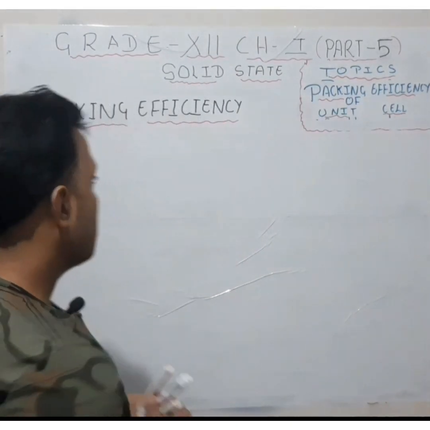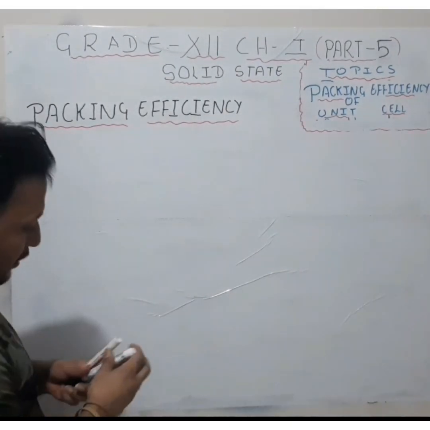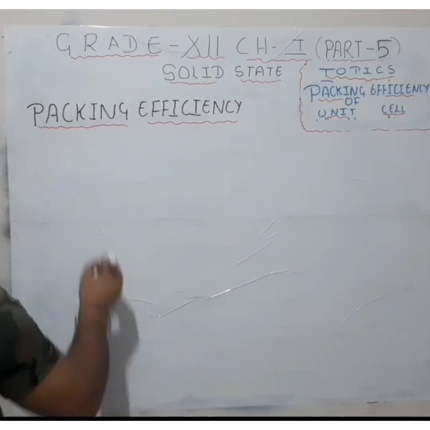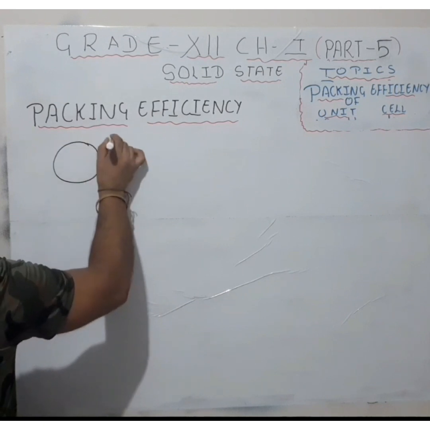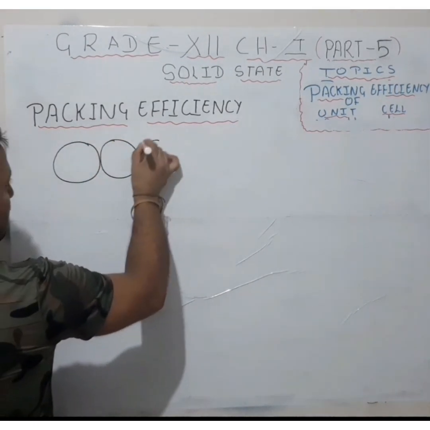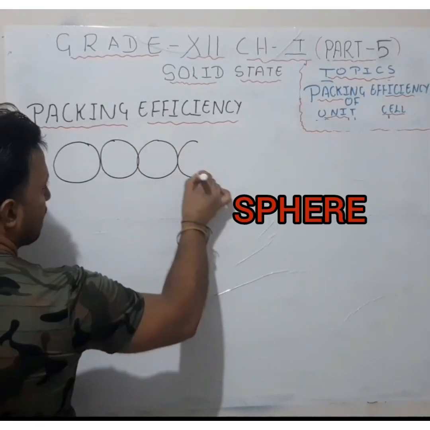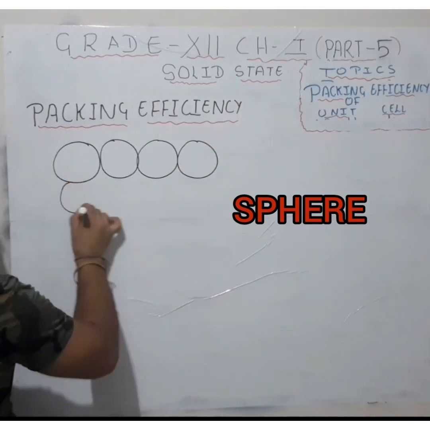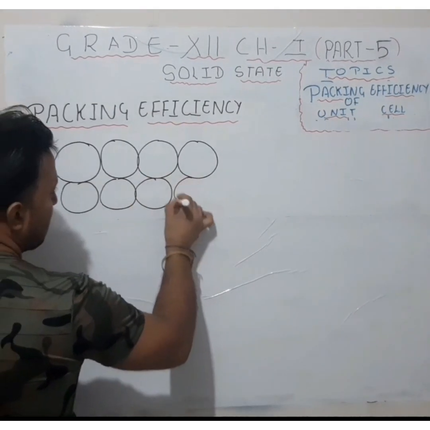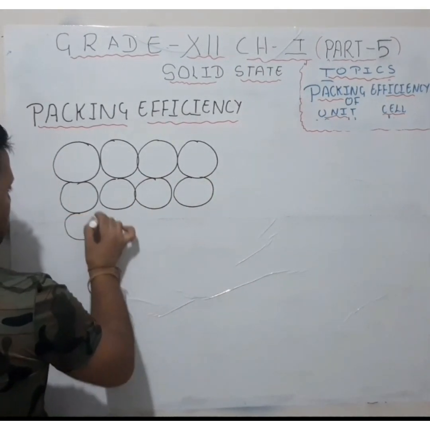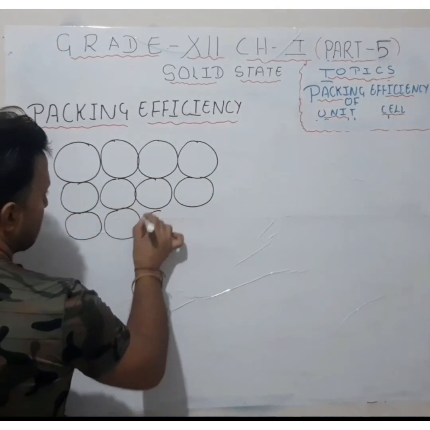So let's see. Suppose we have a solid, and the constituent particles which we are having, we have considered in the form of a sphere. Suppose these are the constituent particles and they are closely packed, as in the case of a solid, forming a solid like this.